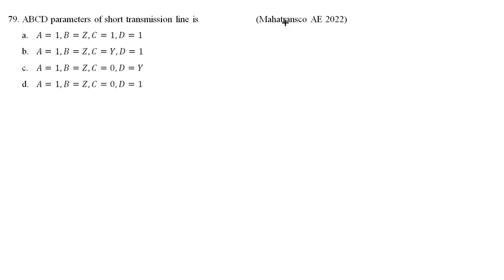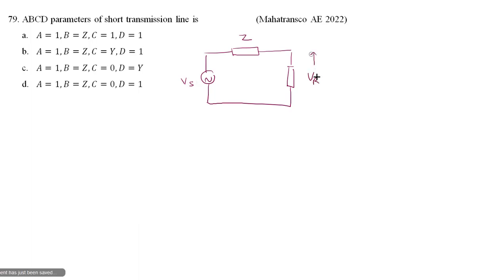Question number 79, ABCD parameters of a short transmission line. Now if you consider the ABCD parameters of a short transmission line, this is Z, sending end voltage Vs, load, this voltage is VR, Is and IR.